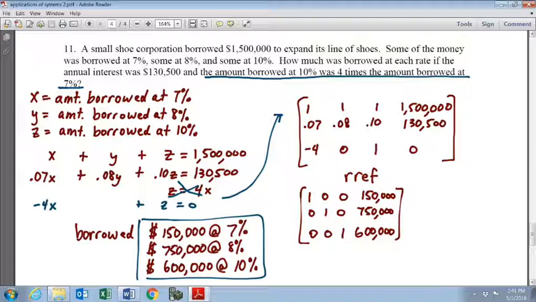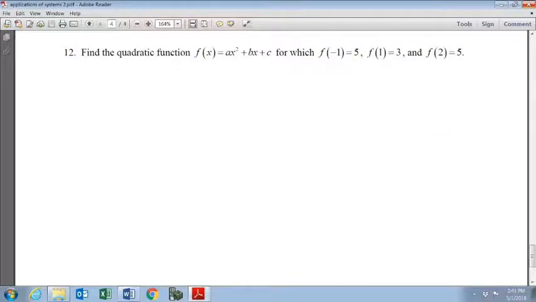All right, we have one last problem. So this looks a little bit different, and in fact this is similar to what you'll see in the homework. I believe that's 6.2. So it says find the quadratic function for which f of negative 1 is 5, f of 1 is 3, and f of 2 is 5.